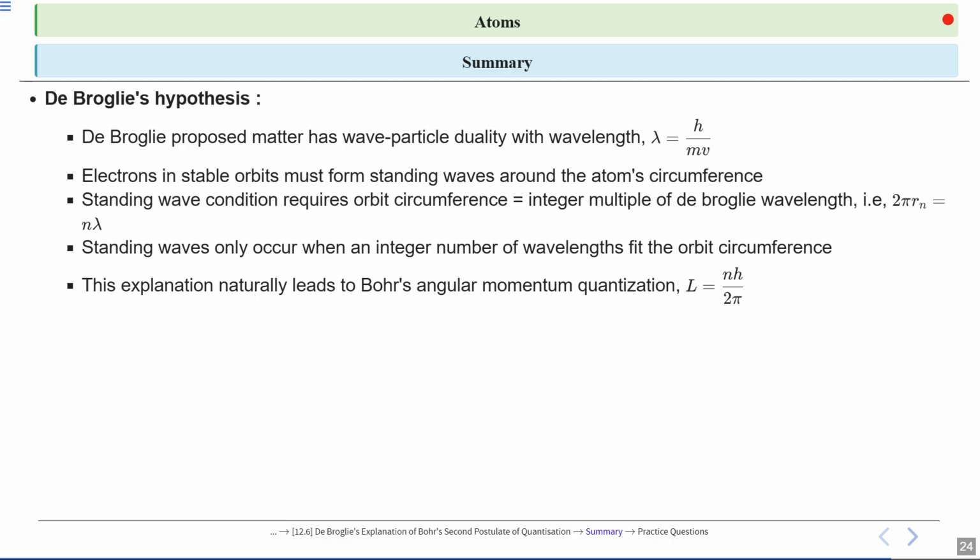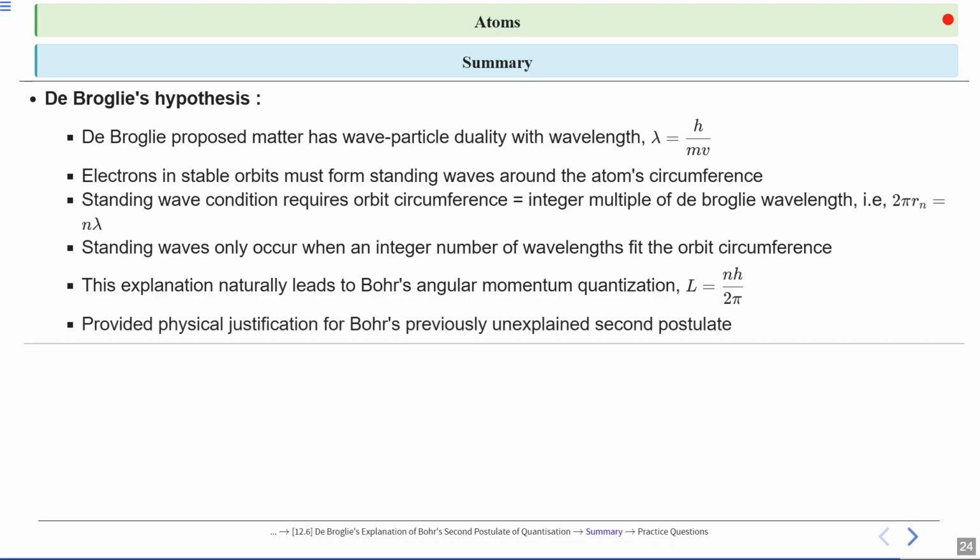This formula shows that angular momentum is quantized, not continuous, which was a mystery before de Broglie's explanation. In summary, de Broglie's hypothesis gave a physical reason for Bohr's second postulate, which had previously just been assumed.